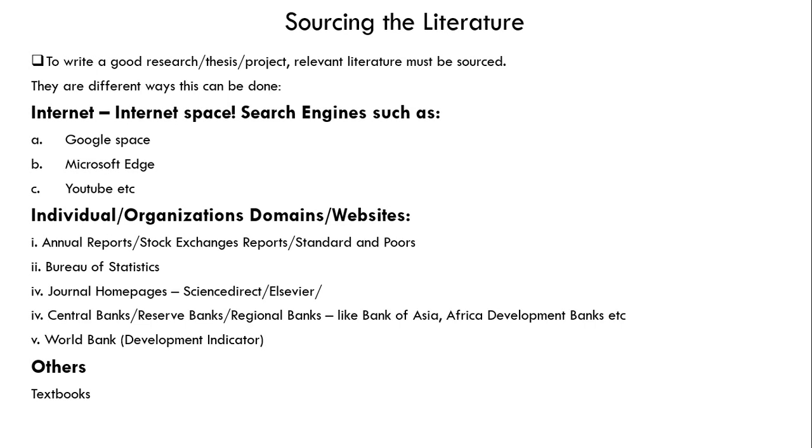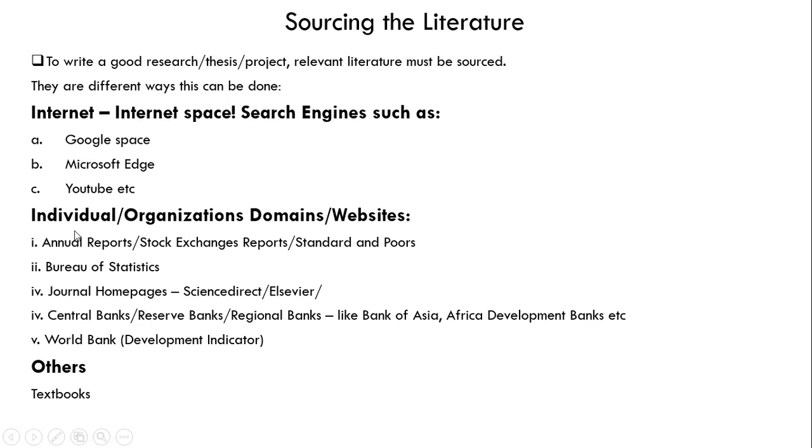Of course, the internet is one of the most essential sources of getting your literature materials. It can be done from several search engines such as Google, Edge, YouTube, as the case may be, when you are looking at the holistic approach.